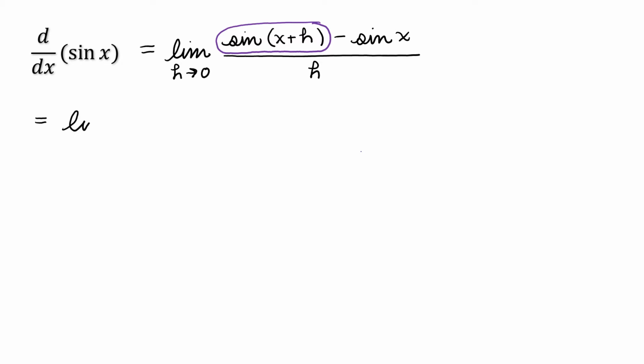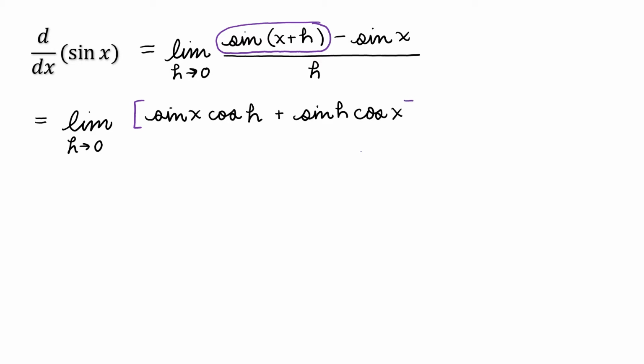So this will be equal to the limit as h approaches 0 of sine of x plus h, which will be equal to sine of the first angle x times cosine of the second angle h plus sine of the second angle h times cosine of the first angle x.